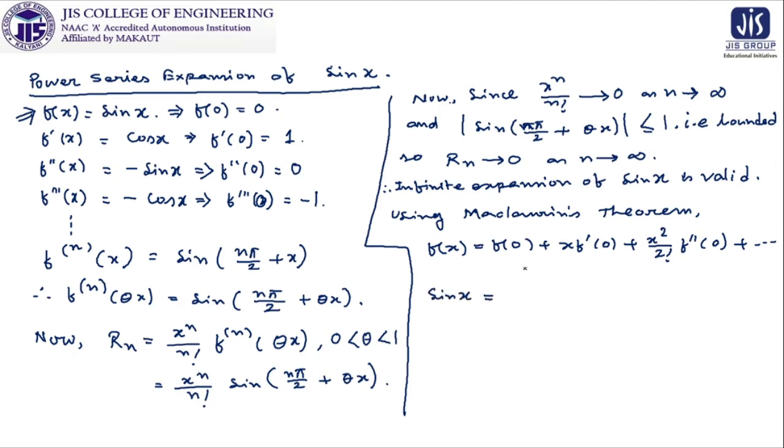sin x is equal to x, because f(0) is 0, f'(0) is 1, so x f'(0) will be x, minus x cube by factorial 3 plus x to the power 5 by factorial 5 minus dot dot dot, because the zeros are coming alternately, so the coefficients of x to the power 2, x to the power 4, x to the power 6 and so on, all will be 0.